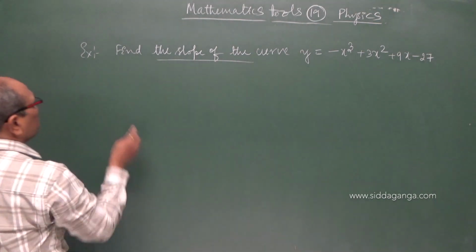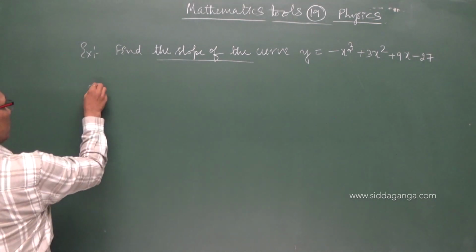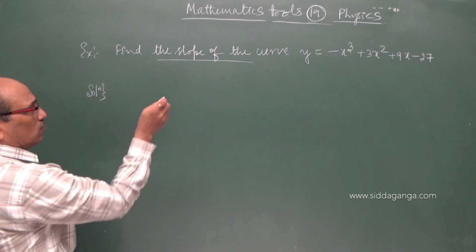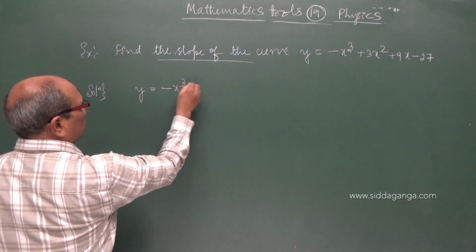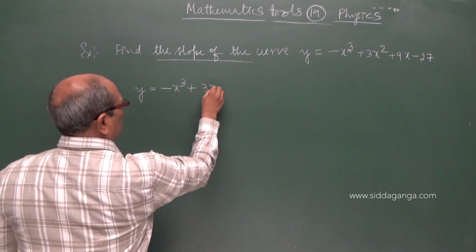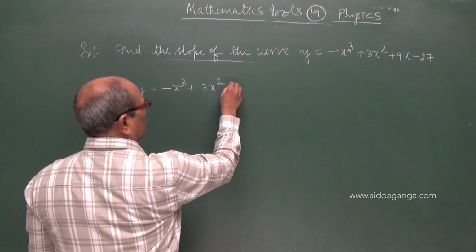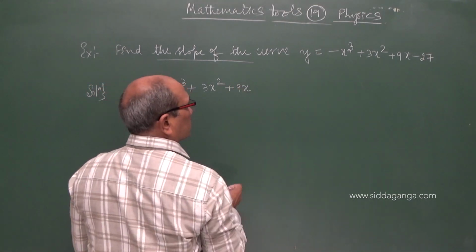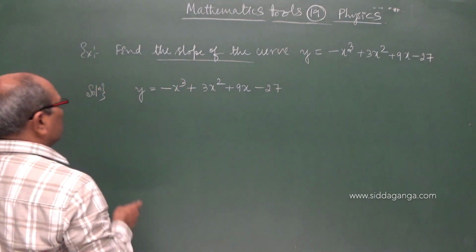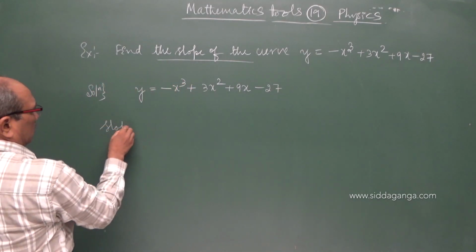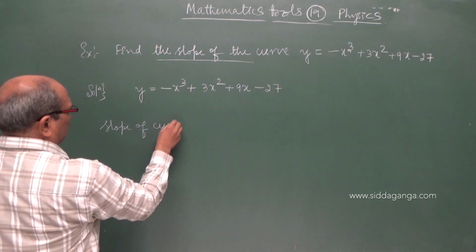Finding the slope. You are given y is equal to minus x cube plus 3x square plus 9x minus 27. Slope of curve.